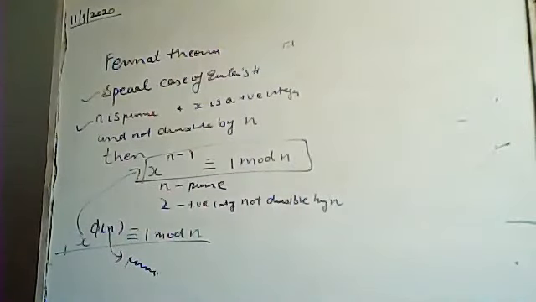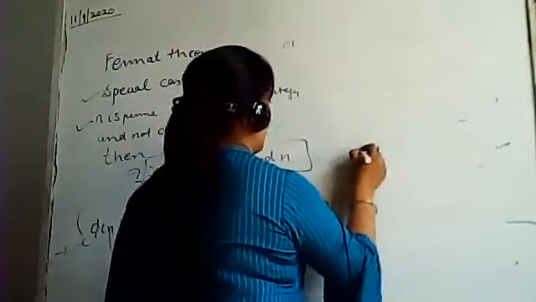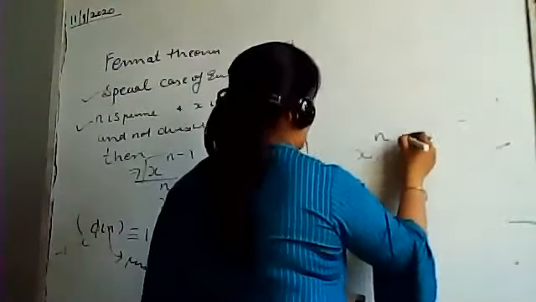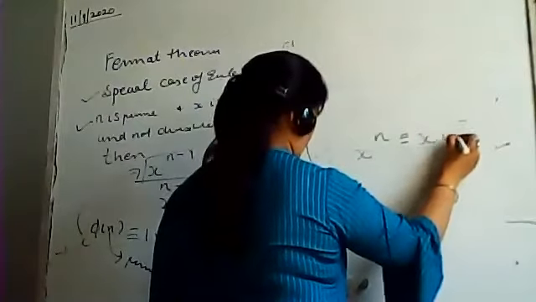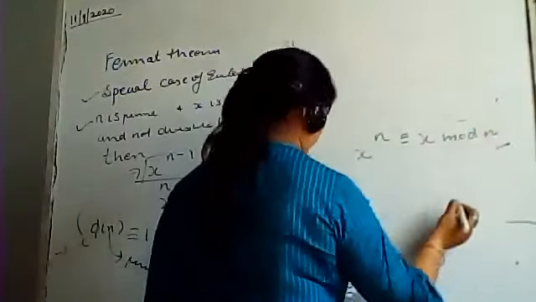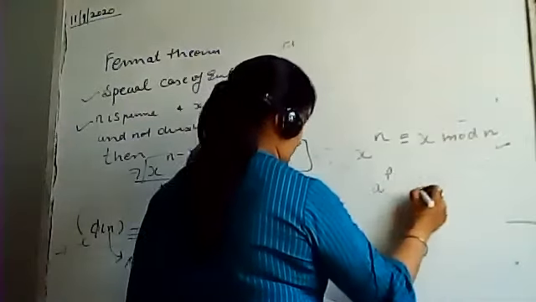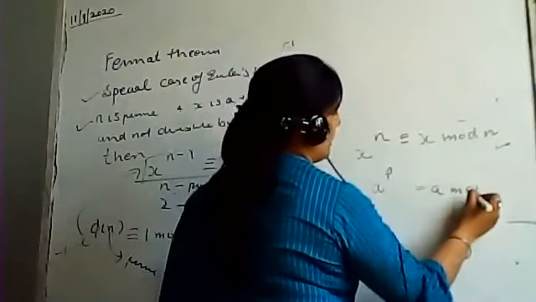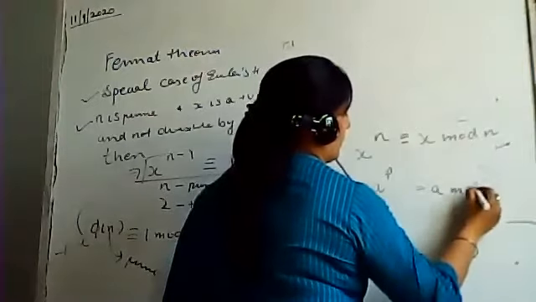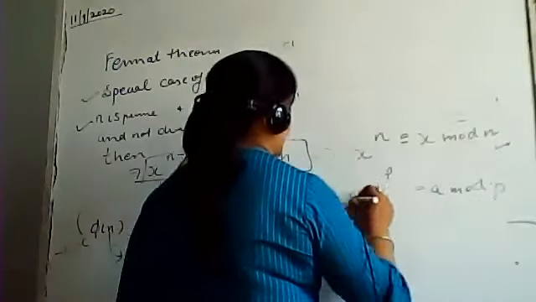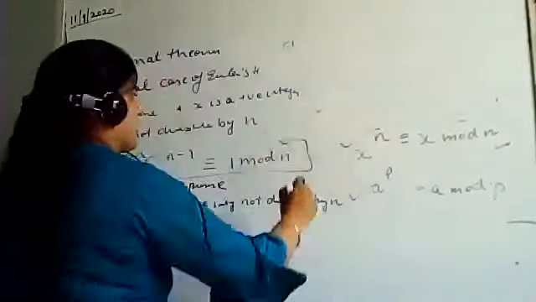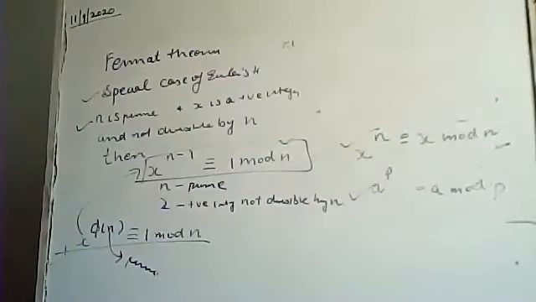Or we can represent this particular thing as x raised to power n congruent to x mod n, or sometimes it is written like this, a raised to power p congruent to a mod p. So you can follow any of the methods, either like this, this or this. Okay, so this is how we can use this particular Fermat theorem over here.